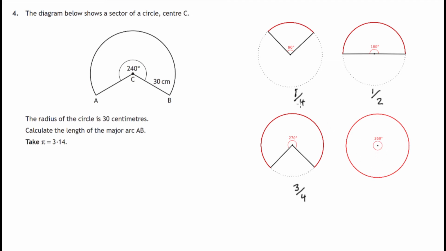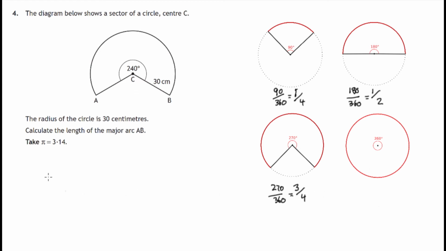So in the case of 1/4, 90 degrees compared to 360 will give you 1/4. In the case of this semicircle, 180 compared to 360 will give you a half. And in this case, 270 compared to 360 will give you 3/4.